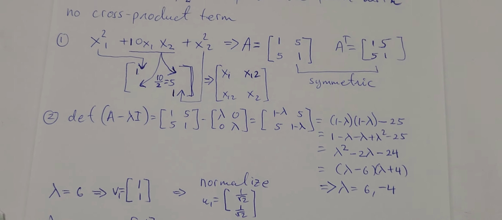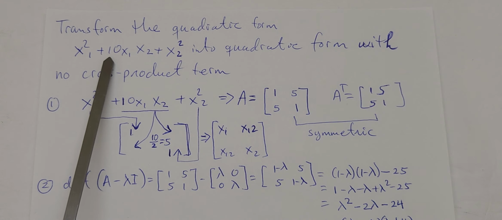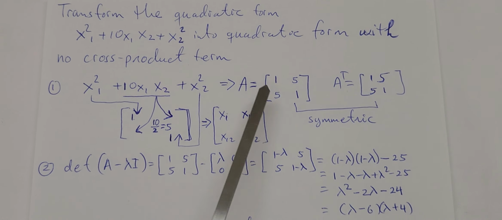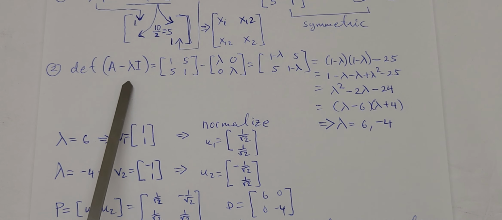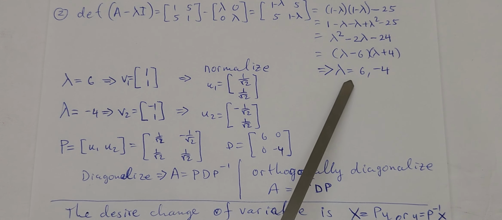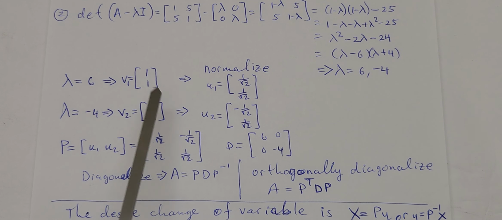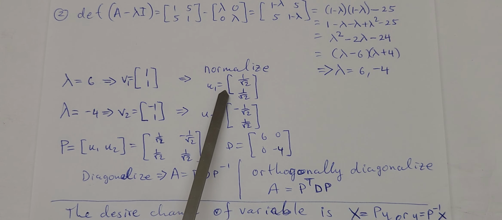So be very careful on how to change this equation into the matrix. Use the matrix to get the eigenvalue through the determinant. Once I have the eigenvalue, find the regular eigenvector. The regular eigenvector becomes the normalized eigenvector.